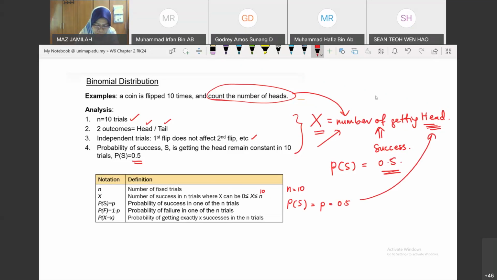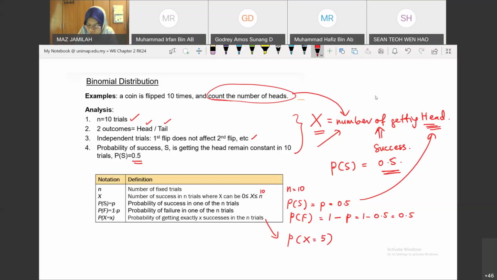Probability of failure, P of F, is equal to, we know that the total probability is 1. So what will be the probability of failure? It will be the total probability minus the probability of success. That will be 1 minus 0.5, as simple as 0.5, equally likely. And the probability of getting exactly X successes in the n trials, we can write as probability of X, for example getting 5 hits.